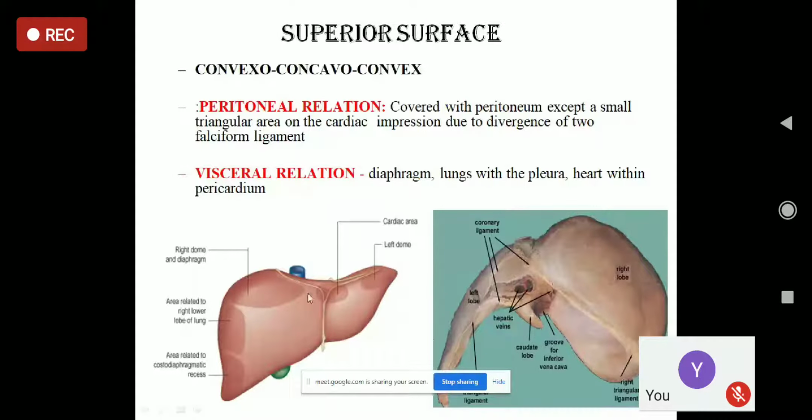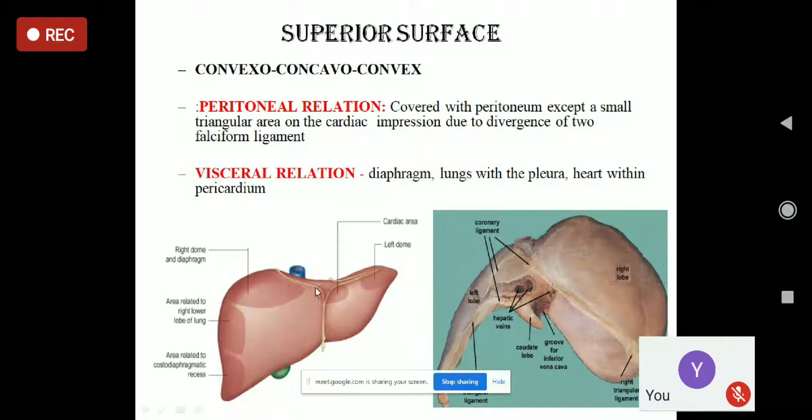Now talking about the superior surface, look at it. This is the superior surface. The superior surface is convex, concave, convex. I'll repeat this again. Look here: convex, concave over here, and again convex. This is the superior surface of the liver, and its peritoneal relation: it is covered by peritoneum except in this small triangular area where there is the cardiac impression.